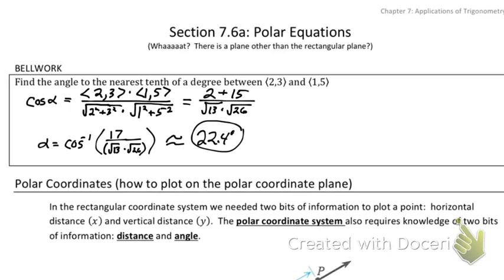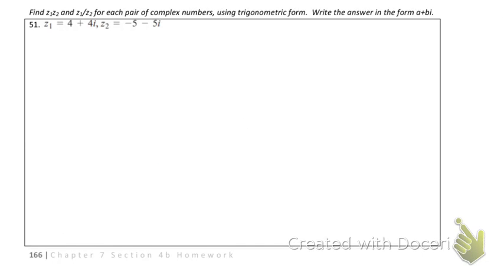So 51 is z sub 1 times z sub 2 and z sub 1 divided by z sub 2? Yeah. So 51 says do z sub 1 and make sure you're in trig form, right? So the first thing you need to do is find the trig form of both of them. That's basically the bulk of the work.